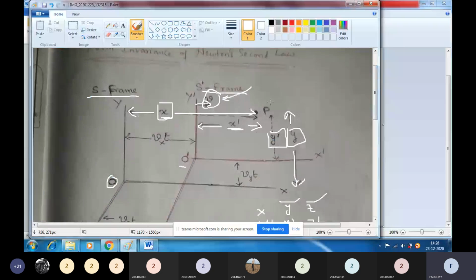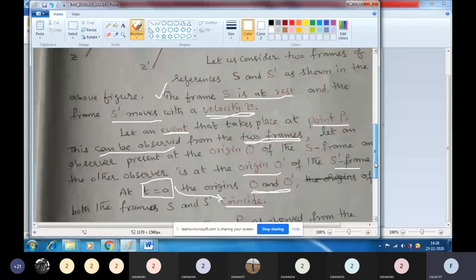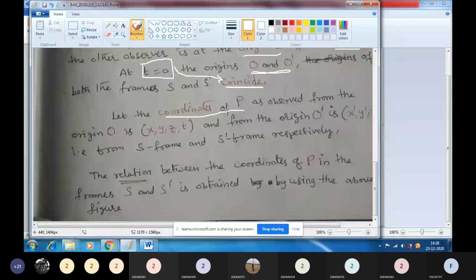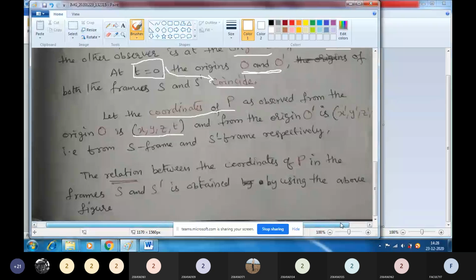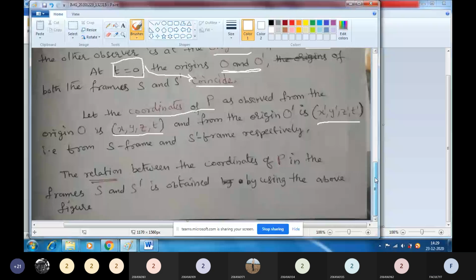What are the coordinates of P in the S frame and S prime? Regarding the S frame, you are getting x, y, z and t. Regarding the second frame, you are going to get x prime, y prime, z prime, t prime. Instead of t prime, you can take t because both the time periods are the same at the observation of the event. So you can take t prime equal to t while applying in the derivation.